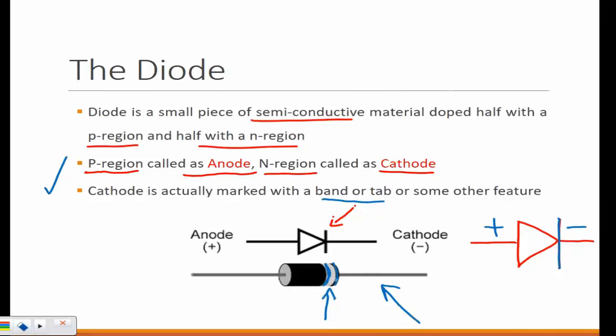That shows that is the cathode. Sometimes it may not be silver, sometimes it may be a black color. But as long as you see some sort of mark on one side of the diode, that mark shows you it's a cathode. That means the other side would be the anode.